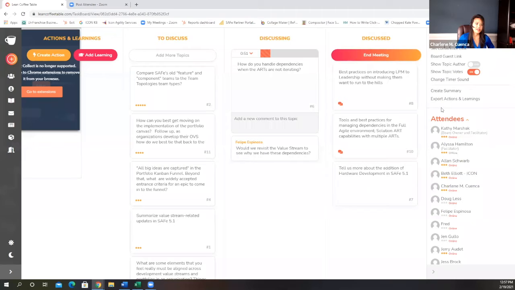Maybe we need to take some of the same teams that are on one train because we're so tightly coupled to them, and it would make sense to actually have a similar capability on our train. And maybe we have enough people that we can do that. But definitely leverage value stream identification as an aid to help you make those decisions, rather than just saying, how do we tactically manage working this way, when there is probably a root cause of the lack of alignment to those operational value streams.